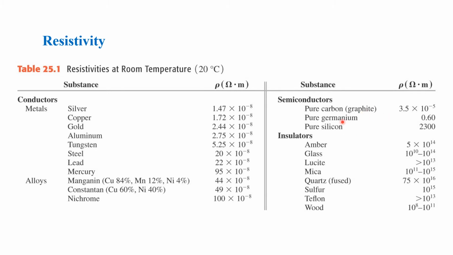For semiconductors, the resistivity is in between that of conductors and insulators, where insulators have resistivity of around 10 to the 14 to 10 to the 16 range. Wood has a resistivity of around 10 to the 8 to 10 to the 11.